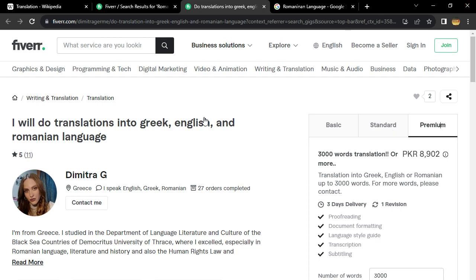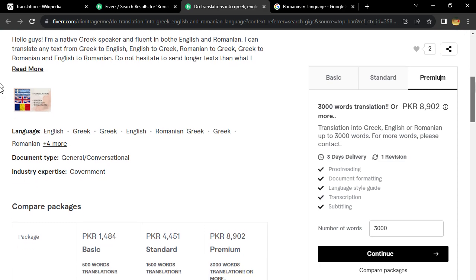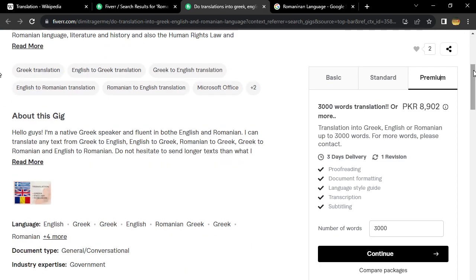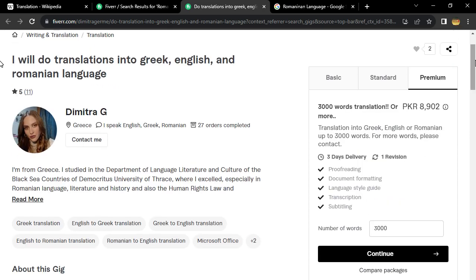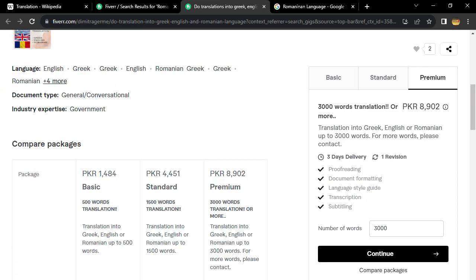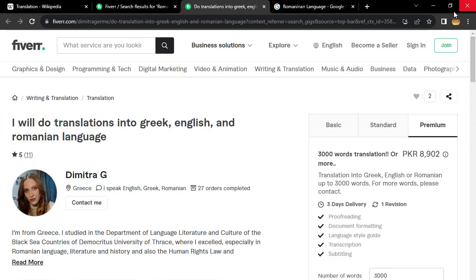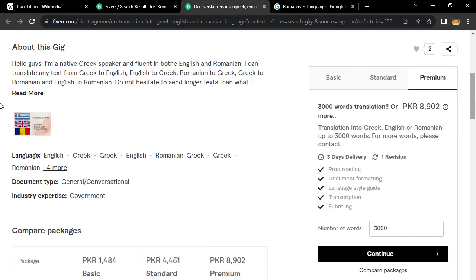By the orders on just a single gig, you can guess that the demand for this job is average. You will surely generate some extra earning in your pocket by doing this job on Fiverr, and it's pretty easy.